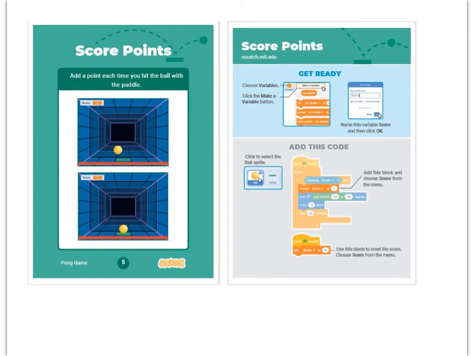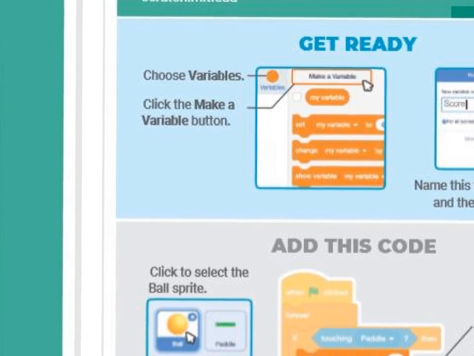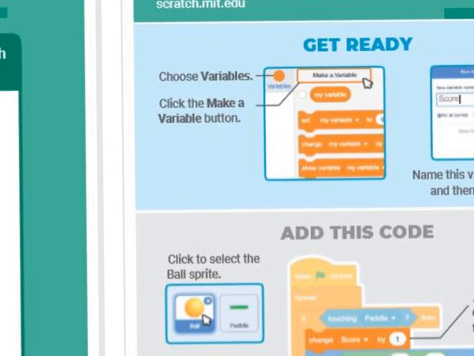How do you score points? First of all, you have to create your variables. Remember that when you create a variable, you have to make sure you have that box checked in front of your variable. Okay.